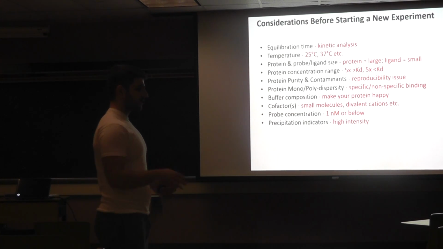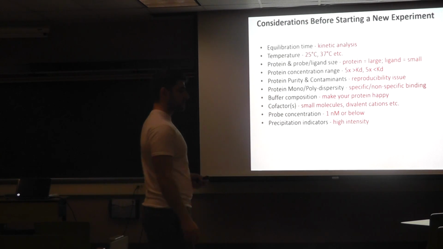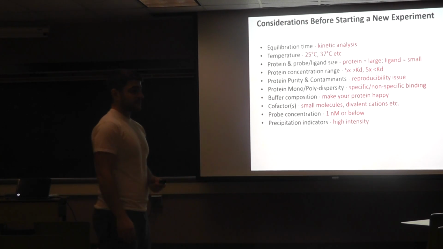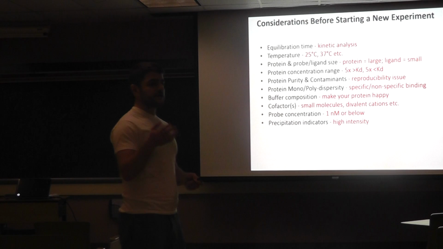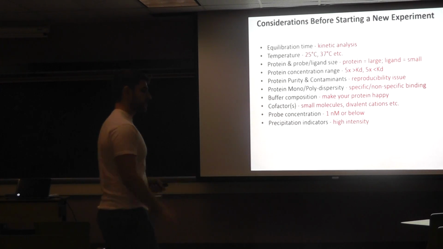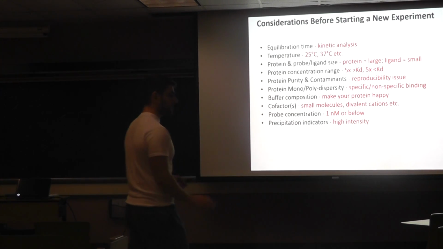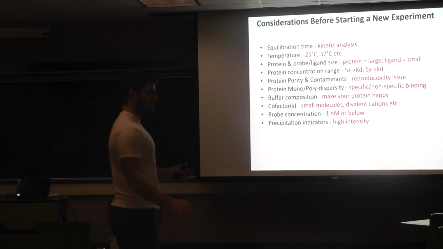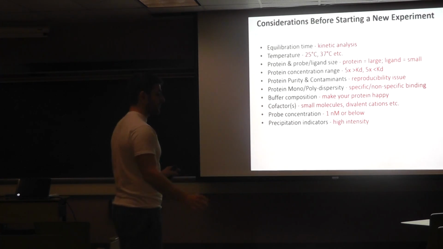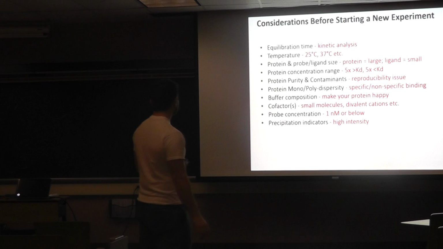But once it's going like double the value, you are getting serious precipitation. In some cases, I've taken the tube out and it just turned white, and that's when I knew it is an indicator of precipitation. That's why I'm always careful when my intensity value goes up. When it goes down, I'm happy. But when it goes up, I'm just, oh crap.